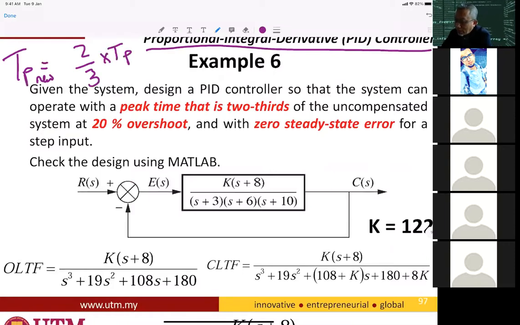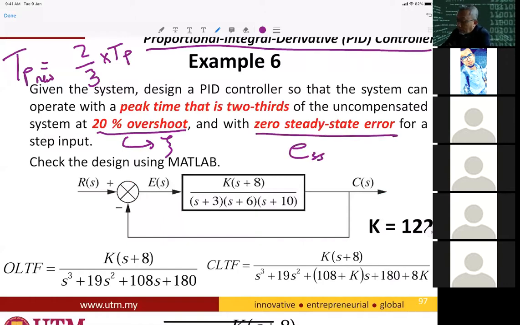And 20% overshoot, so you will get the zeta value by using the formula or the standard graph, and 0 steady state error. That is common using a PI controller, for a step input.